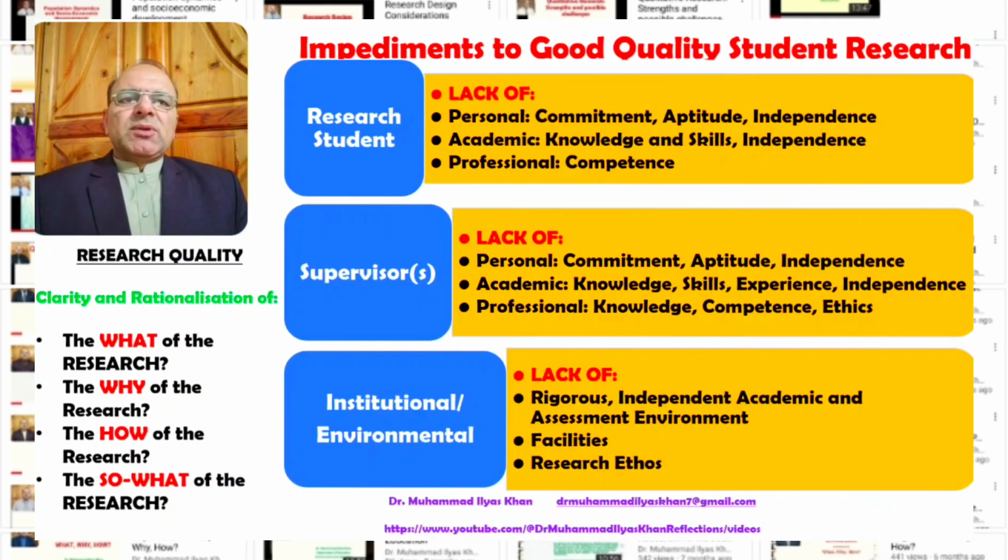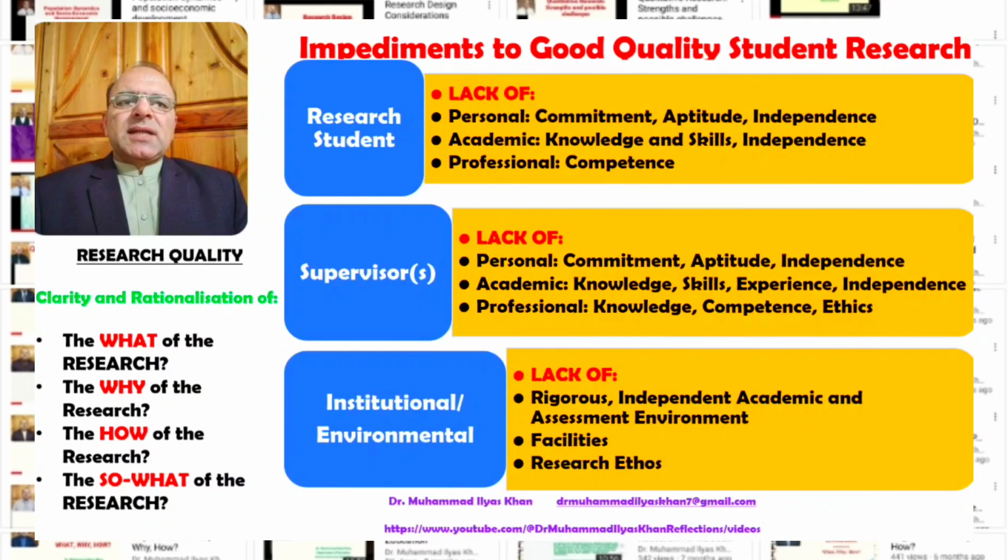And generally there will be a lack of quality of the student research when there is lack of the personal, academic, and professional characteristics on the part of the student.